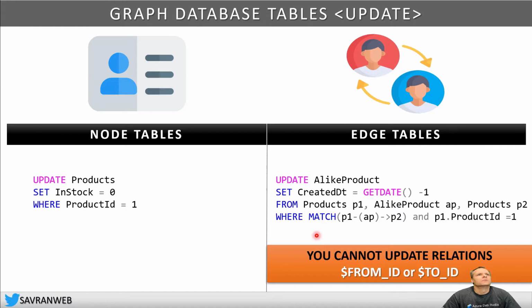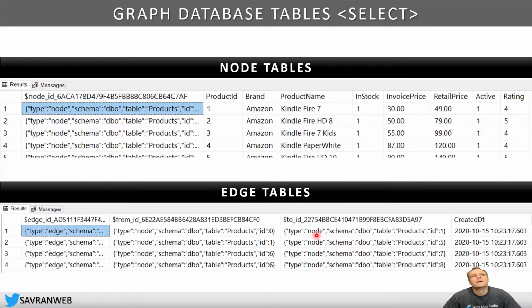All right, so now we create the tables. We know how to insert the data into our tables. We know how to update it. Now, let's actually select some data. You can go and just write select all from node table or edge table. Whenever you do that, you are going to see the node IDs, and the edge IDs.